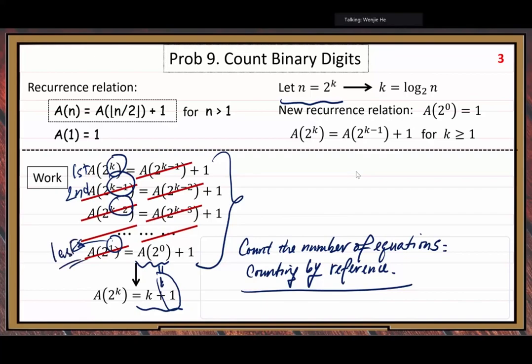So when you count the number of equations, you just count your superscripts, which start from 1, 2, 3, and go up to k. So when you count the number in this set, that number equals k. So that's why you have this k.